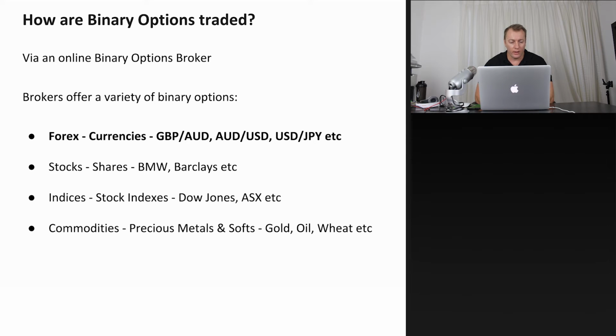Then there's commodities, which are precious metals and softs, things like gold, oil, wheat, etc. The reason I've highlighted the Forex category is that this is the most popular type of option, it also has the highest liquidity, and it's traded pretty much around the clock.